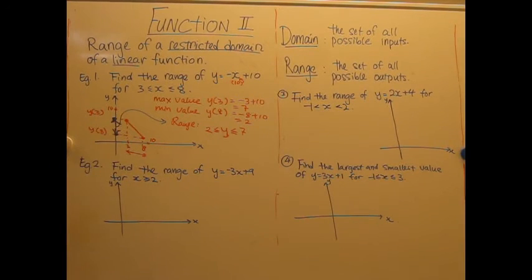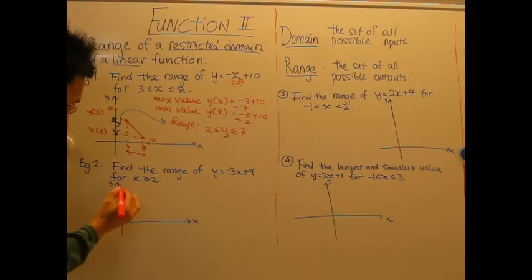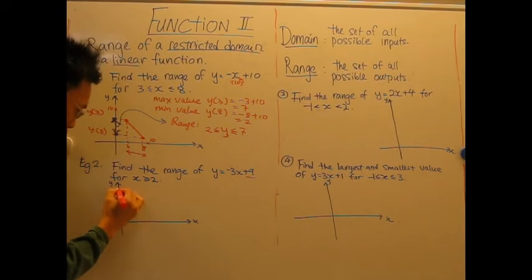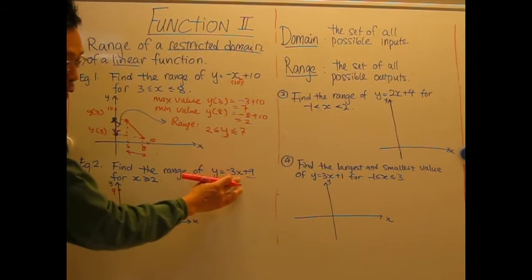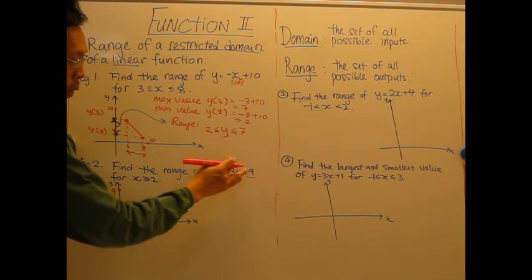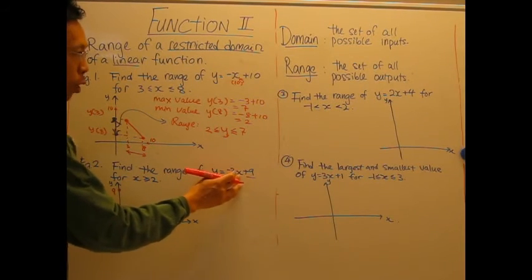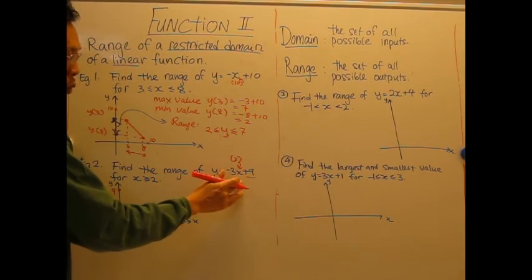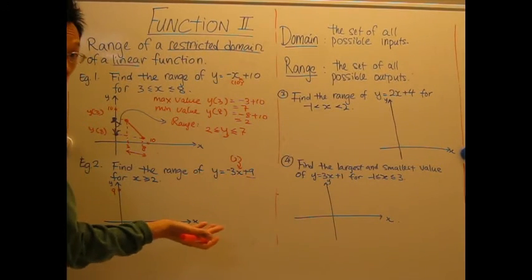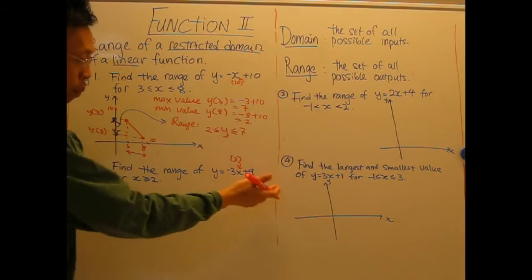Next, find the range of y equal to negative 3x plus 9. The y-intercept is 9, up here. And then what value of x do I have to put in such that this becomes 0? Well, if I put in 3, then negative 3 times 3 becomes negative 9, and negative 9 plus 9 is 0.